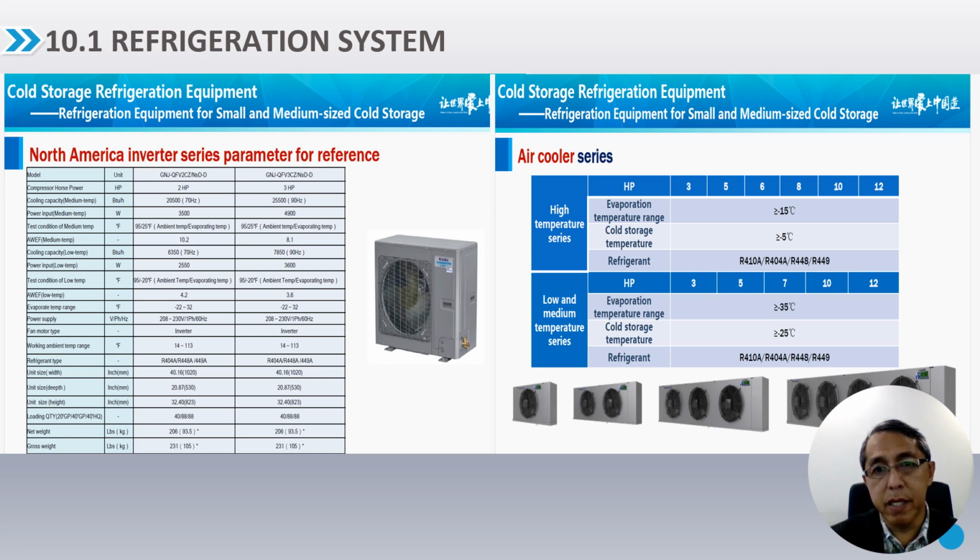Remember the refrigerant that we're using, if it's a refrigeration system, is R404, 448, and 449. Actually, if you want to buy an outdoor unit with GRI, it's possible, and then you can match other indoor units available locally in your place of operation.